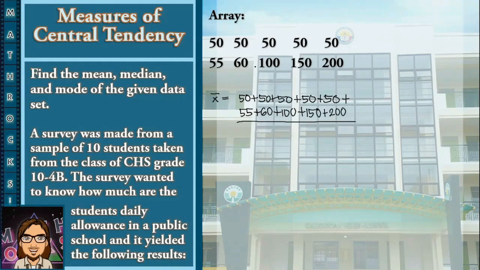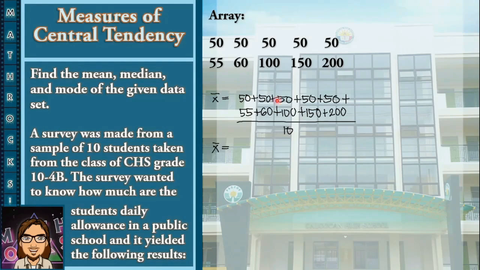And then we have to divide this by the number of observations. So since it was taken from 10 students, we have a total number of observations equal to 10.